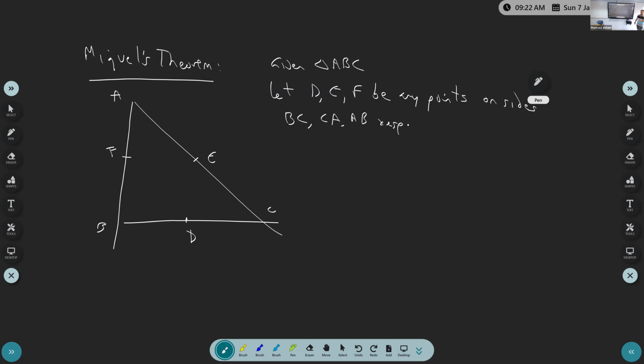Then what Miquel's theorem originally says is that if you draw those three circumcircles, they are concurrent. So basically you take one vertex and two points on the sides. So circle AFE, BDF, and CED.